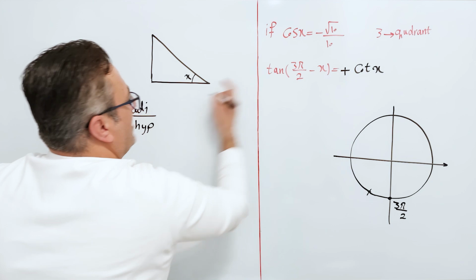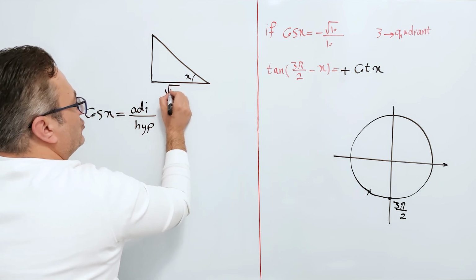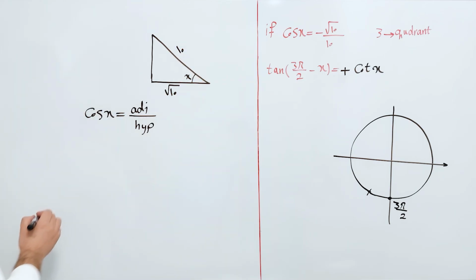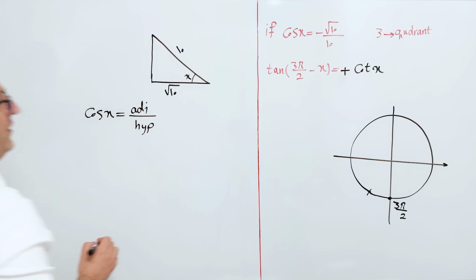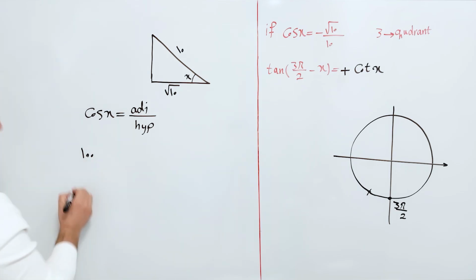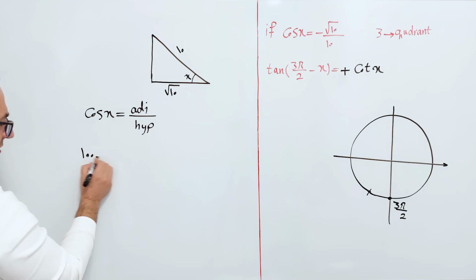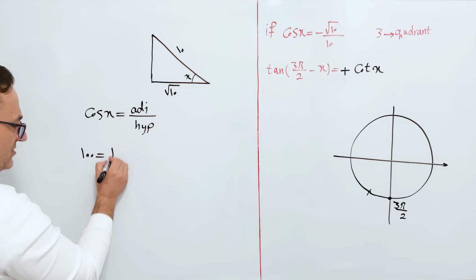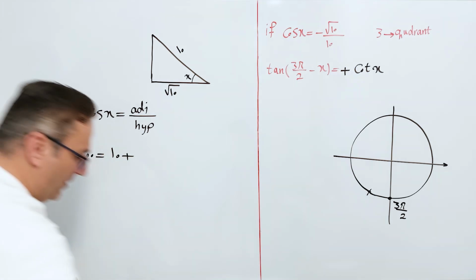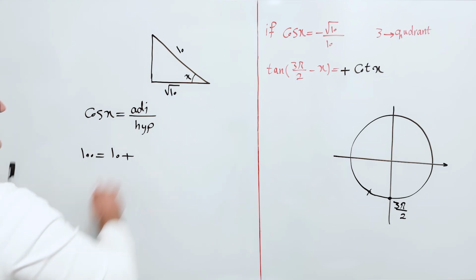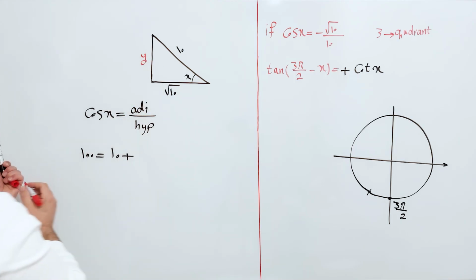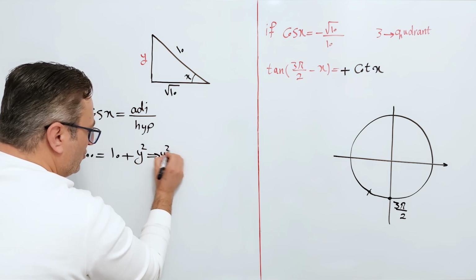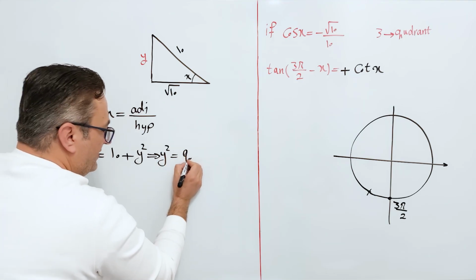So the adjacent side is equal to the square root of 10 and the hypotenuse is equal to 10. So according to the Pythagorean theorem, we have 10 squared, which is 100, equal to the square root of 10 squared, which is 10, plus, if we call this side, for example, y, y squared, so y squared is equal to 90.